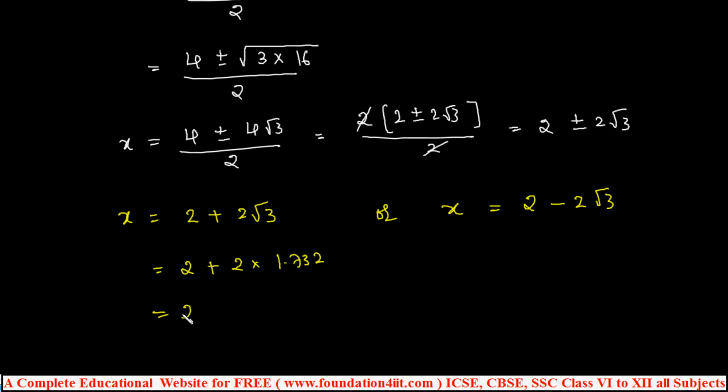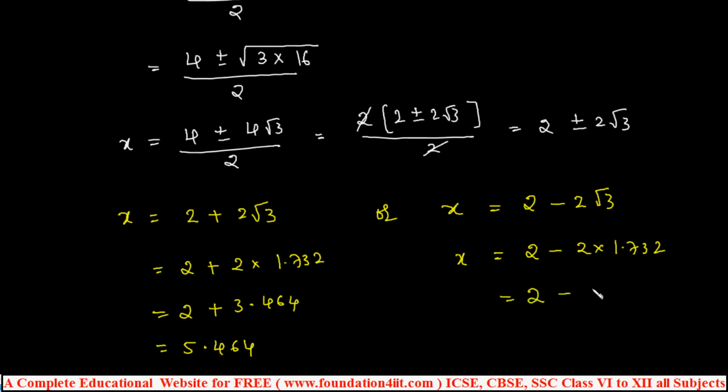Then that is 2 plus 2 into 1.732, so 3.464. You can just add this. That is 5.464, one answer. Or x is equal to one more, 2 minus the same 2 into 1.732.